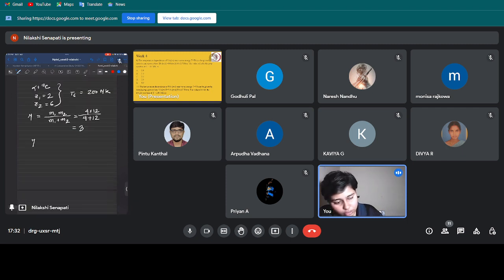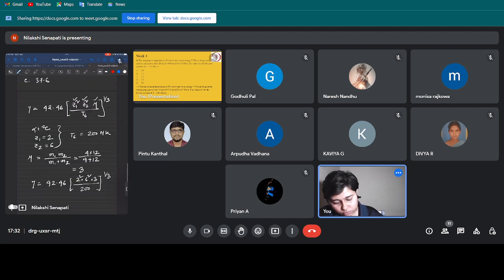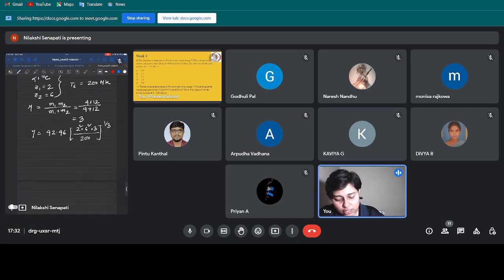Now I'll calculate tau: 42.46, 2 square, 6 square, 3, 200, to the power 1/3. Remember, this is already given in megakelvin, that's why I am directly writing 200.